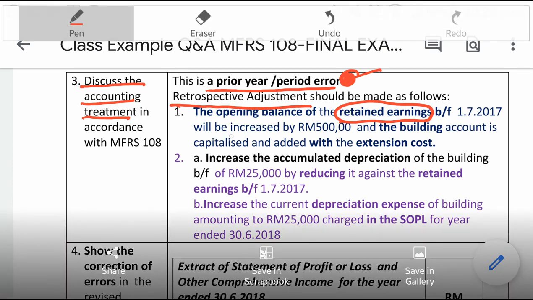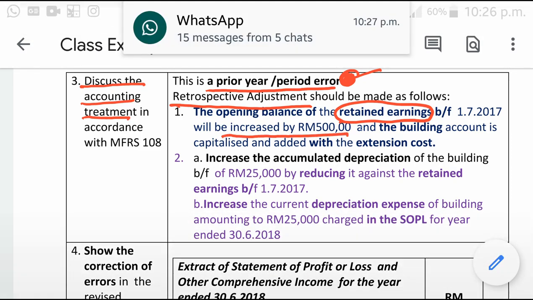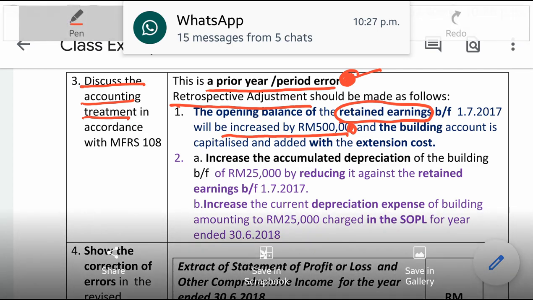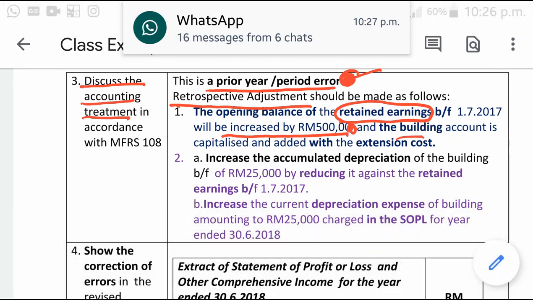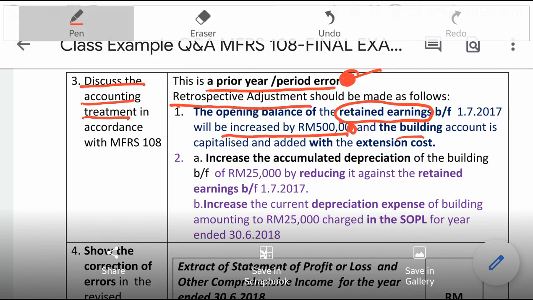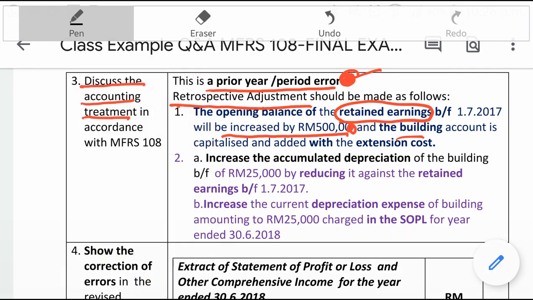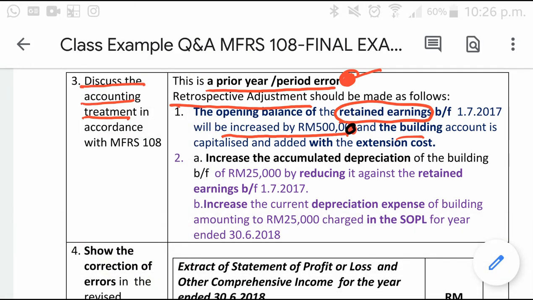Here, it is being restated by increasing it by 500,000.